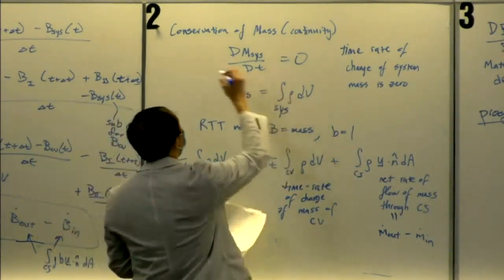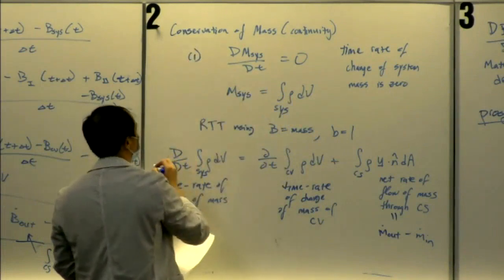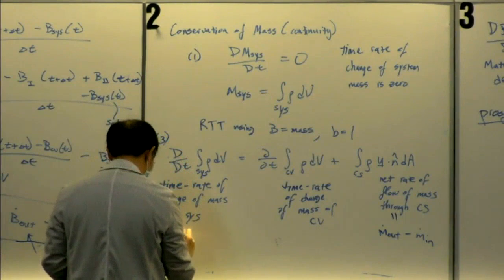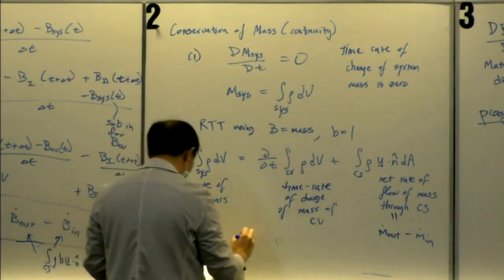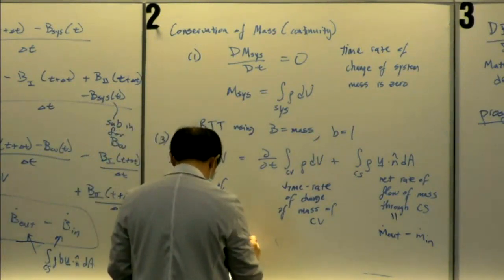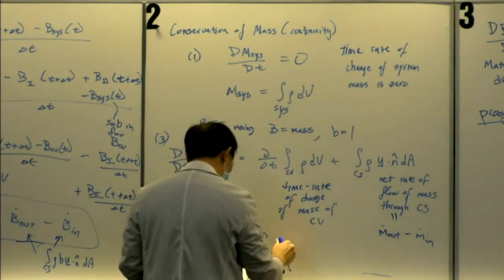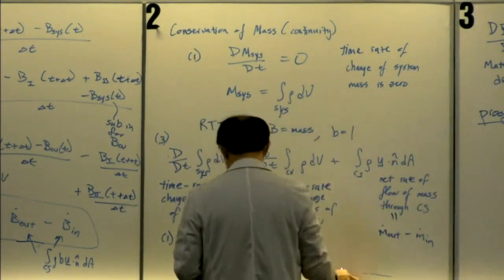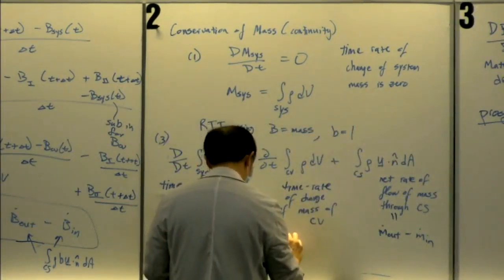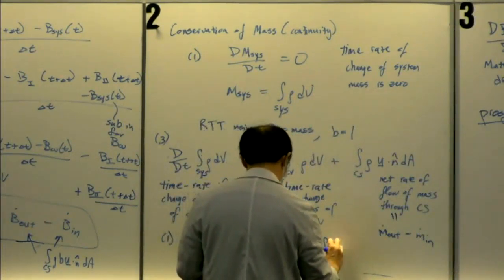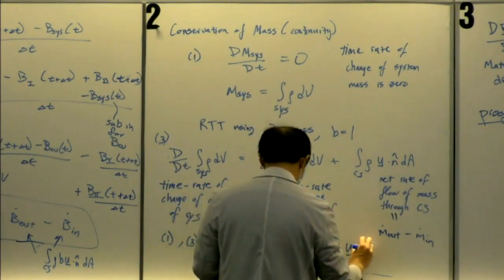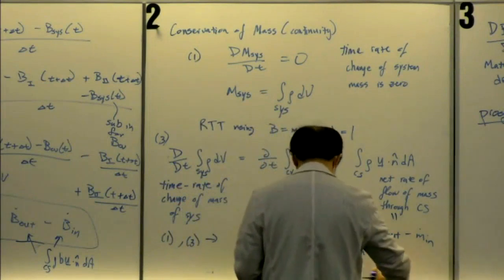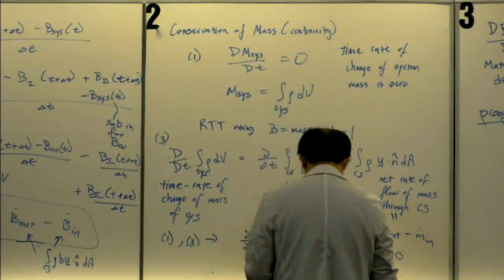And so if we call this equation 1 and equation 3, you get the version I'm going to give you on the quiz: the integral of rho dV plus the integral over the control surface of rho u dot n hat dA equals 0. All right.